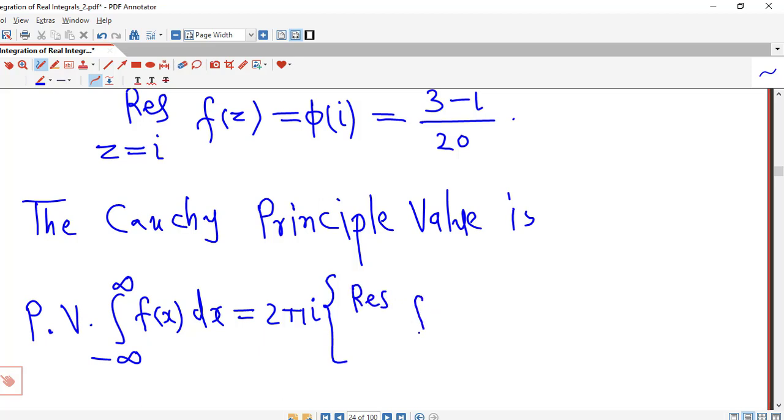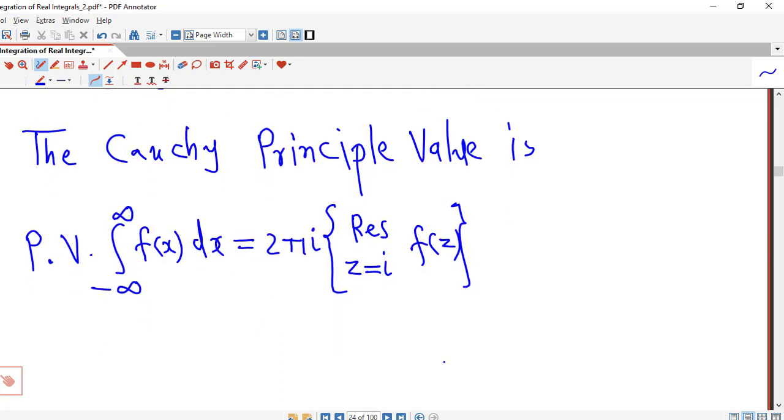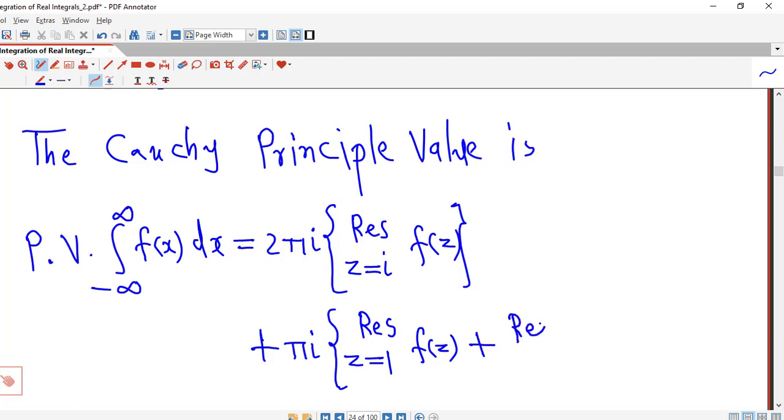Here there is only one simple pole in the upper half plane, which is z equal to I, so we multiply the residue of f of z at z equal to I, plus pi I times the sum of residues of f of z at poles on the real axis. There are two poles on the real axis, z equal to 1 and z equal to 2.